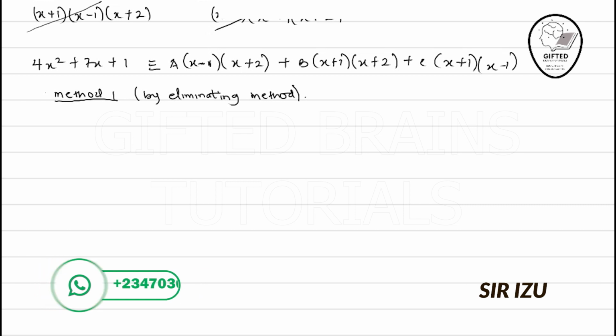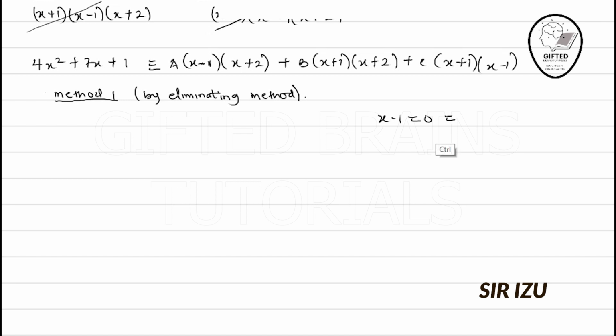So look at it now. I could take x minus 1, one of the linear factors we have, and equate it to 0. Obviously, I will have x being 1. So I will just simply say let x be 1. Let x be equal to 1.